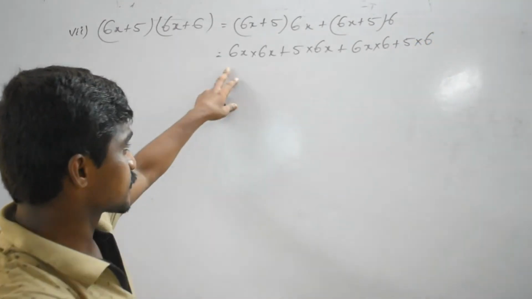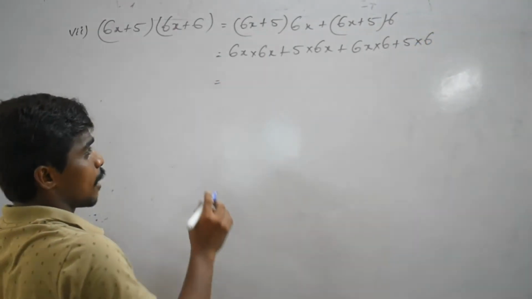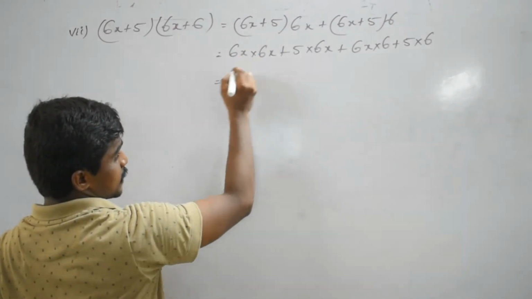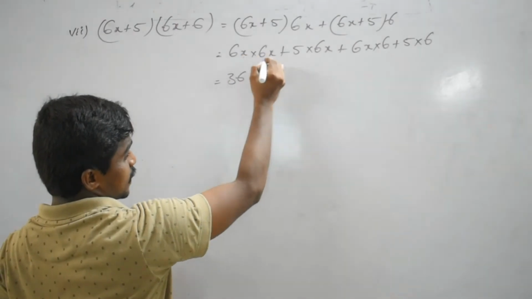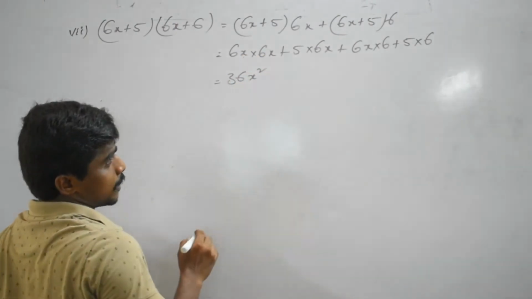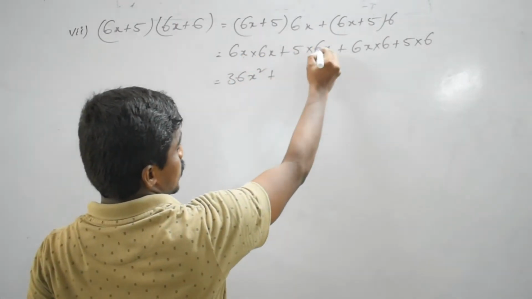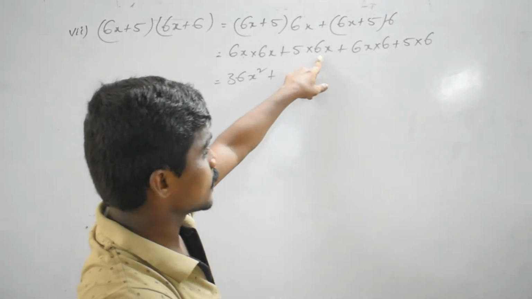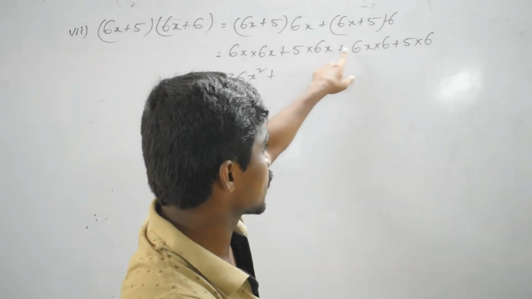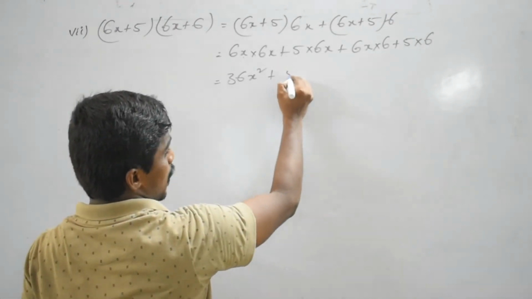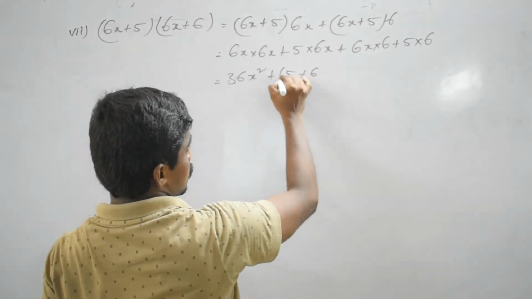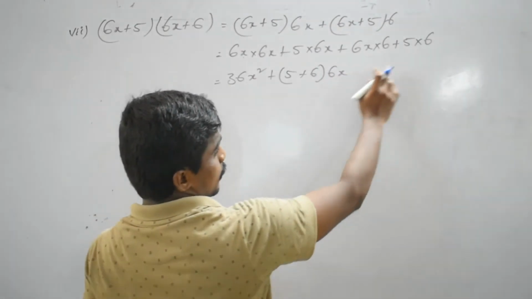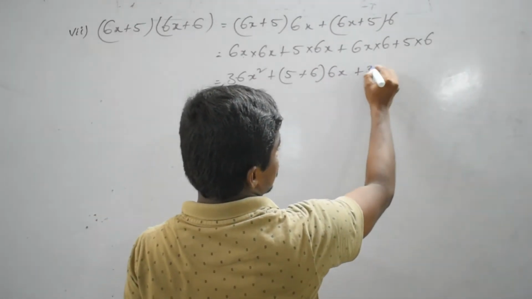So 6x times 6x: how much? 6 sixes are 36x square, plus 5 times 6x and 6x times 6. Here 6x is common, so (5 + 6)x, that is 11x, plus 5 times 6 is 30.